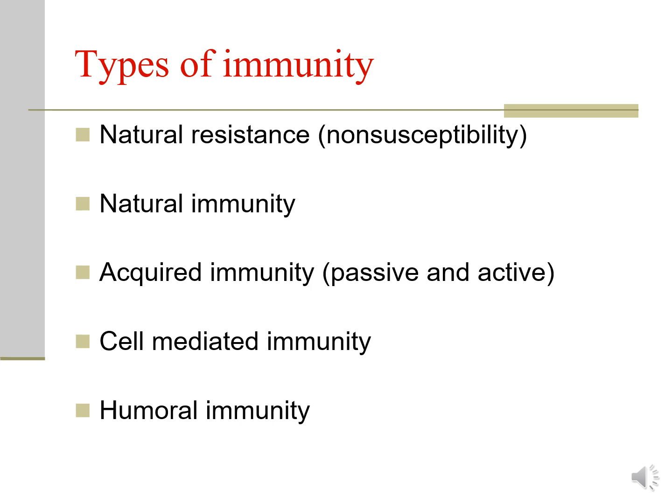Then we have acquired immunity, and we have two types of acquired immunity, passive acquired immunity and active acquired immunity. In passive acquired immunity, you've become immune to something because you have IgG that came from mom and crossed the placenta, or you have passive immunity because you had IgA from breast milk as a baby, or IgG injections.